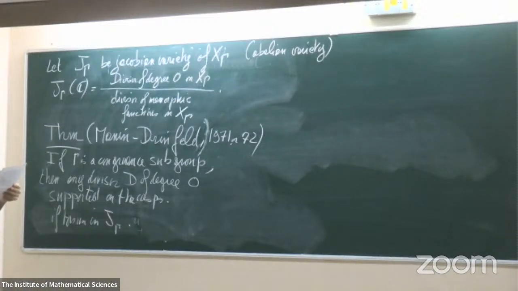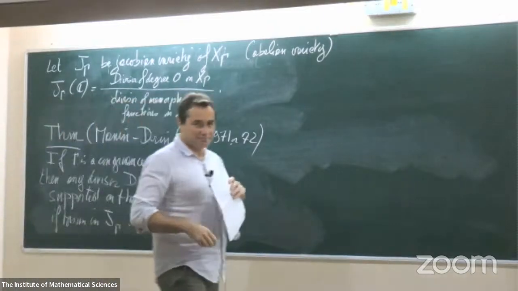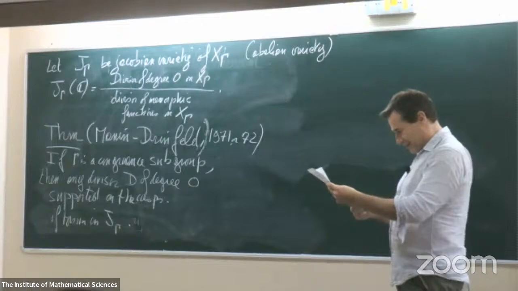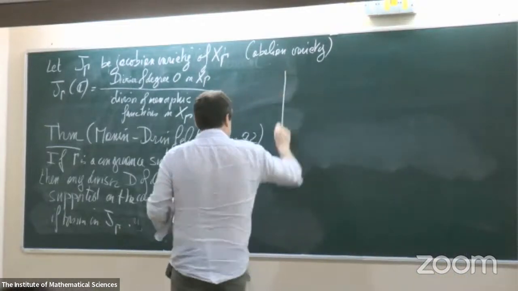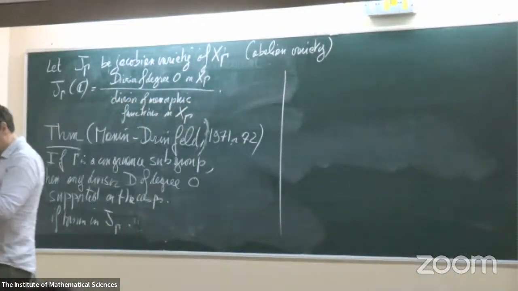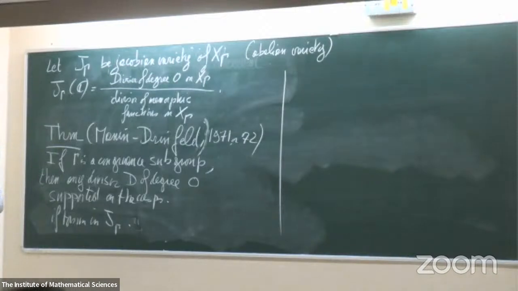If you look at the biography of Drinfeld, you realize that he was born on February 14, 1954, meaning he was probably not even 18.